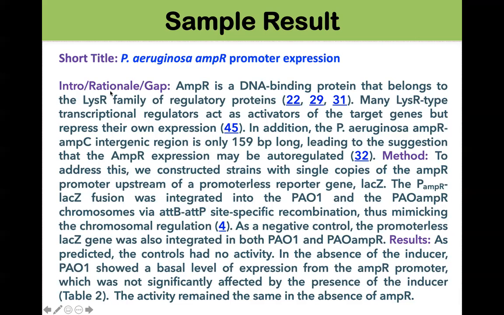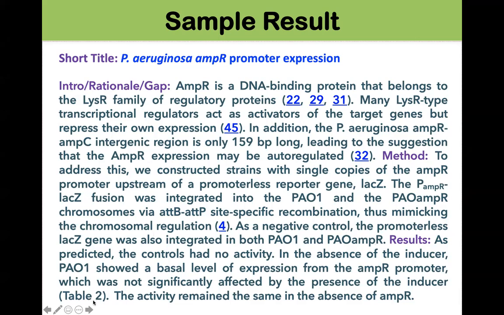So I have a couple of sentences to talk about the intro, rationale, and gap, right? And then I say that there is an intragenic region, and then I write a couple of sentences on what we did, right? This was an experiment, but not details. But all these are critical for understanding the results.